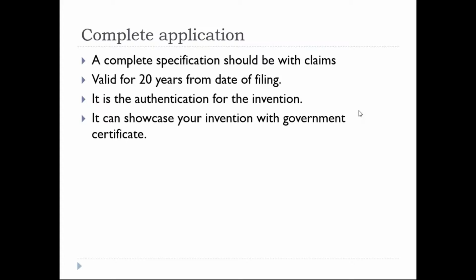We are in the complete phase of understanding the invention with submission of the complete specification. That's it, right? This is valid for 20 years and it has all these 3 provisions or stages. Number 1, filing. Number 2, publishing. Number 3, the stage of granting, that is the authentication of your invention.